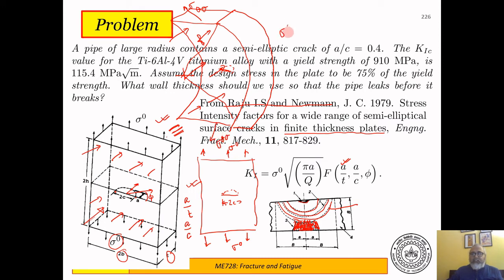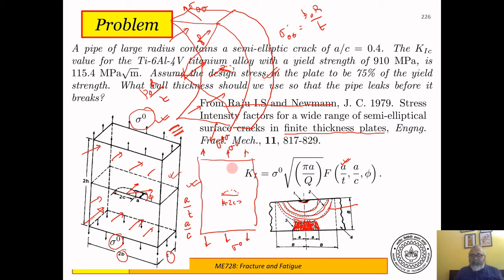And sigma theta theta, as we know, is pressure times R by T. So this stress has to be replaced by P naught R by T in case we use the flat plate equations to simulate the curved plate situation.